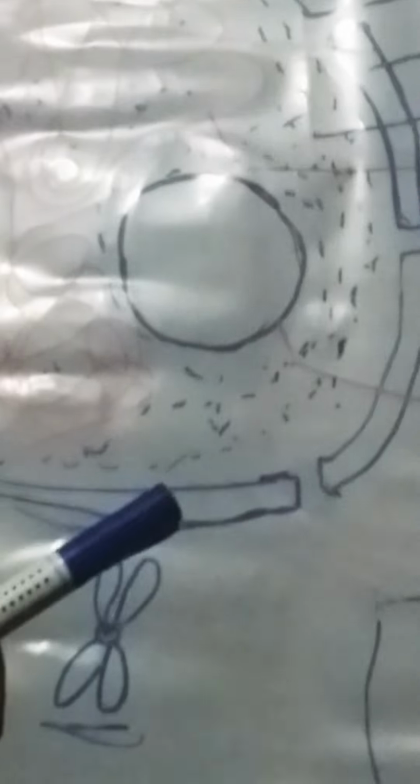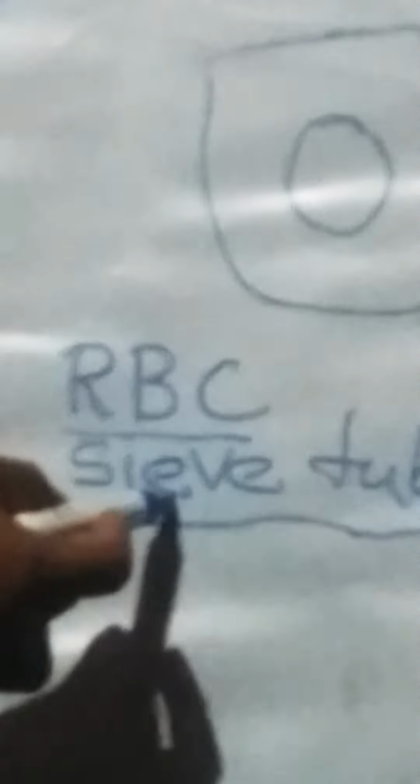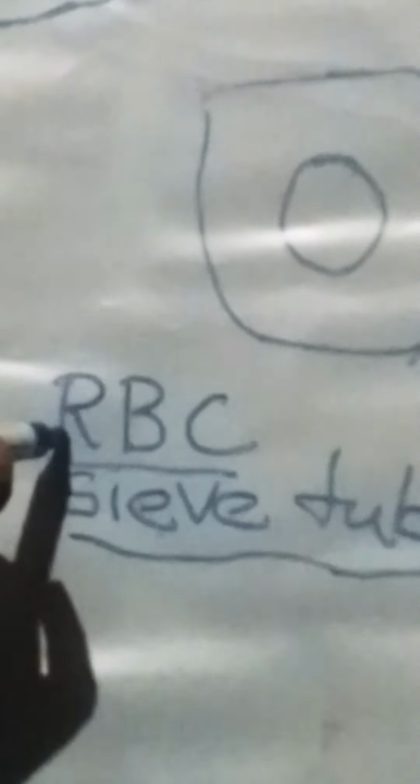Next thing is that most of the cells contain a nucleus, but mature mammalian RBCs, such as human RBCs, and sieve tube cells which are present in plants, don't have a nucleus. Which are they? The mature mammalian RBCs and sieve tube cells.